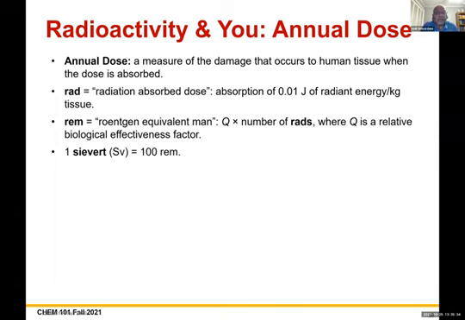We also measure radiation doses in SV, sievert, which is simply 100 times REM. Normally, REM is the one we use for radiation dosage.